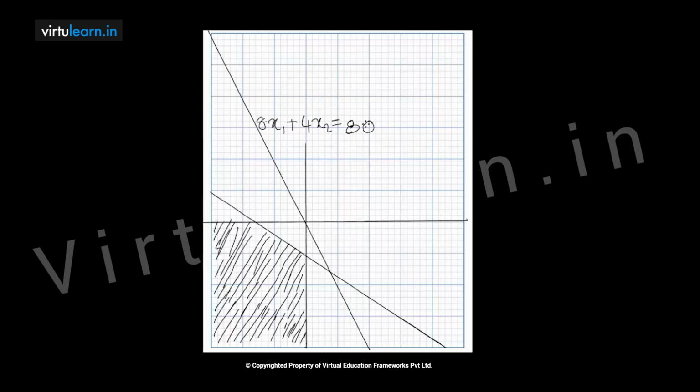And this line represents 2x1 plus 3x2 is equal to 30. And this line represents x1 is equal to 6. This line represents x2 is equal to 8.